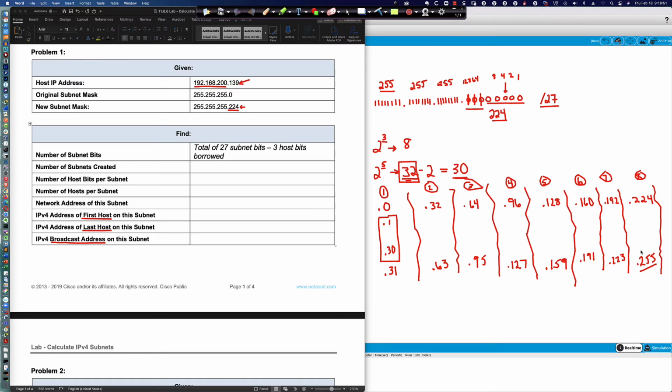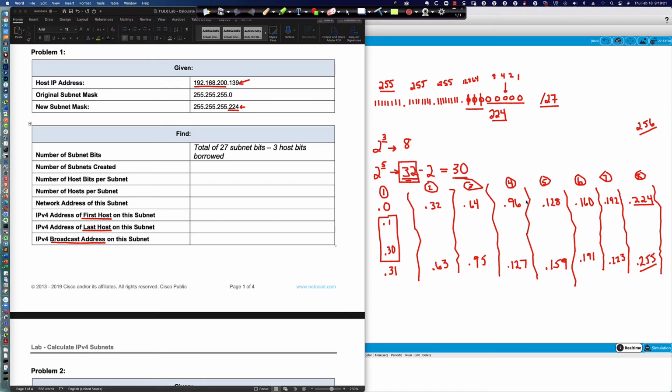And so intuitively, you might have sensed, well, that'll work. Because the other way you could sort this out is to say, if I added 32 to 224, what would that give me? Well, that would give me 256. And we know that we can't have a decimal value in an octet that's equal to 256. Because if all 8 bits are on, the maximum value is 255.